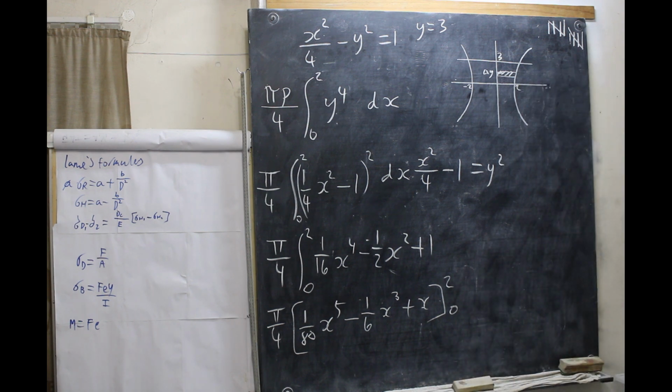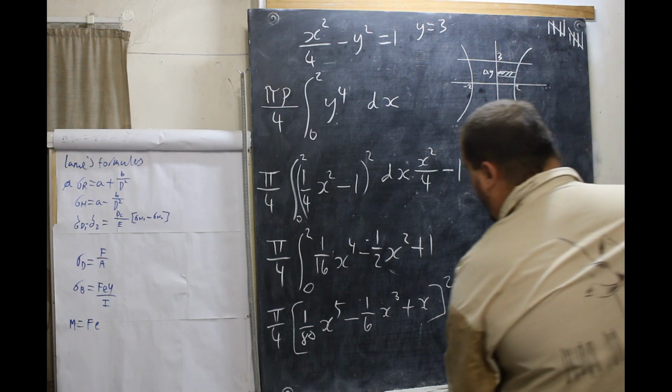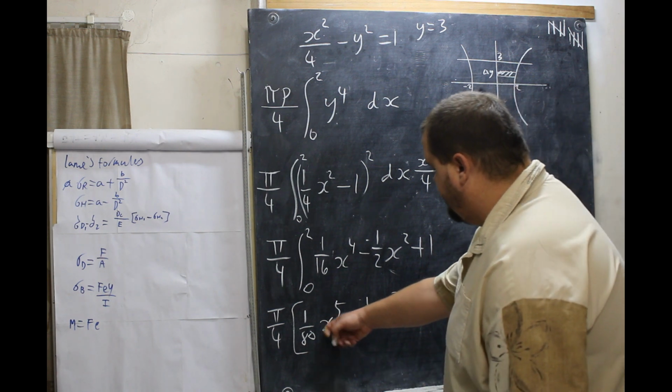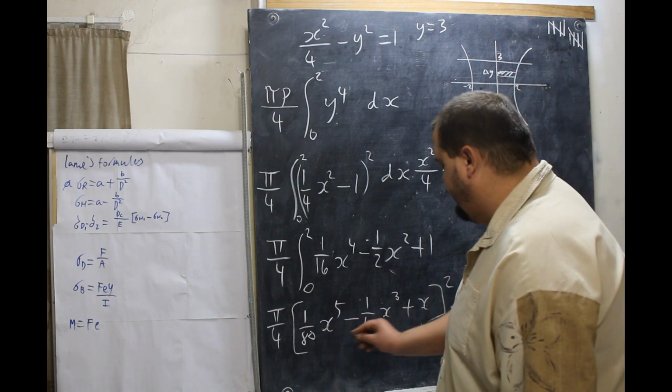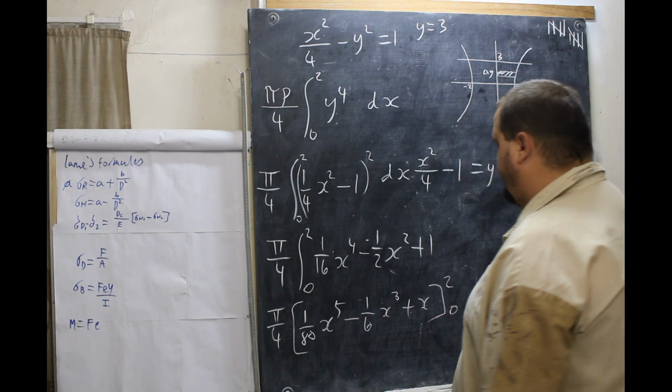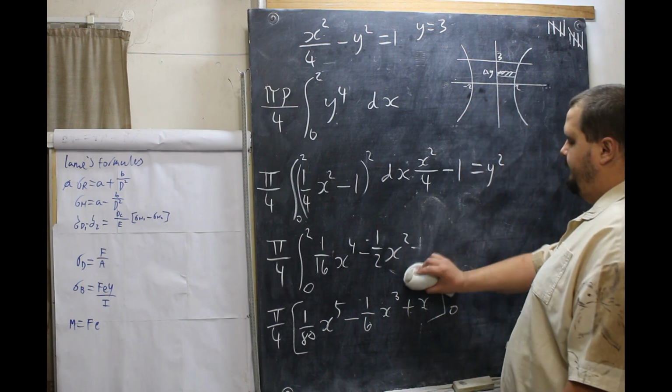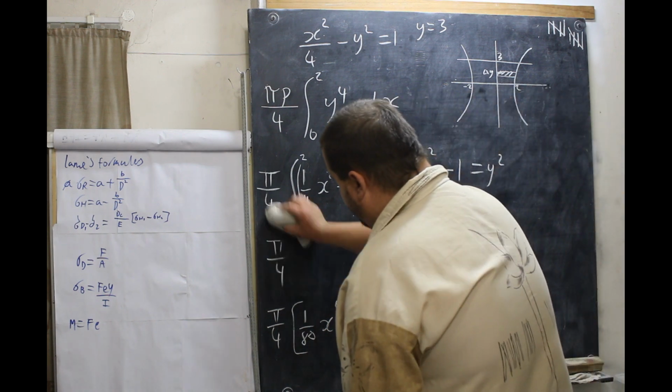Now, looking at this, we see that all of these are together. If we substitute 0, everything will equal 0, so we don't want that.